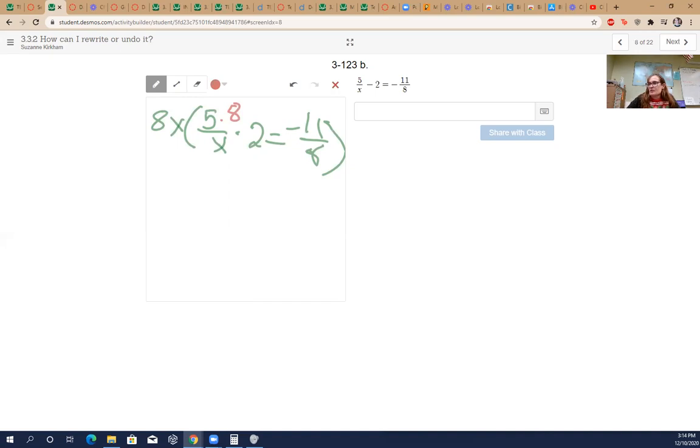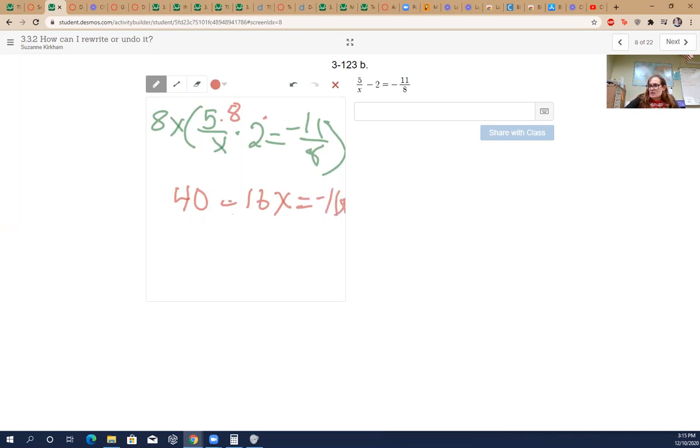That'll be 40. And then the 2, there's nothing on the bottom, so that will be 2 times 8x, which is 16x. Oh, that's a minus. Hold on. Erase. Minus 16x equals, there's an 8 there, but not an x, so equals negative 11x.